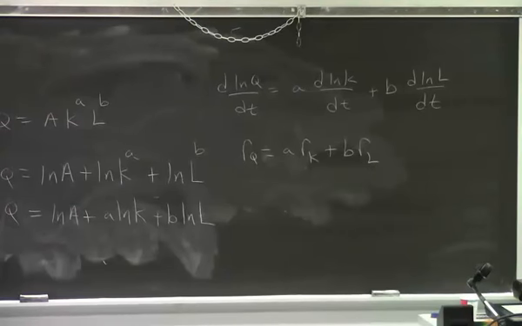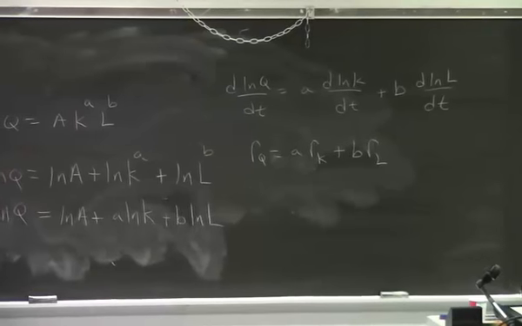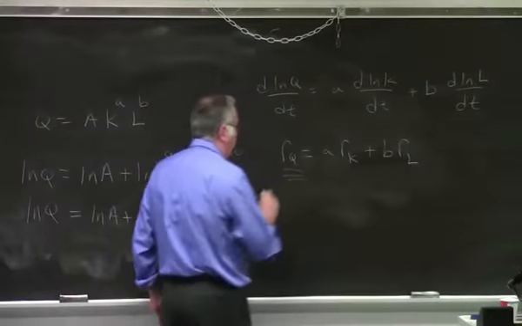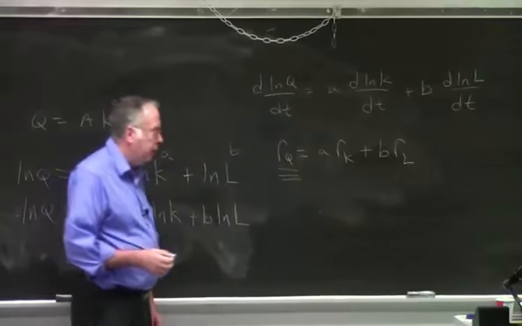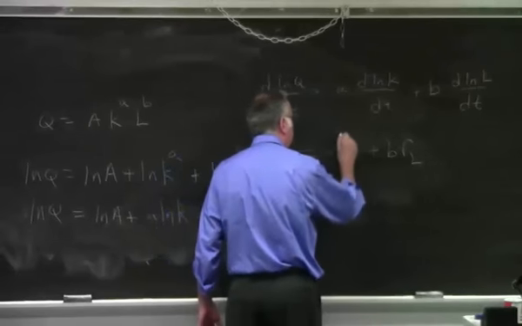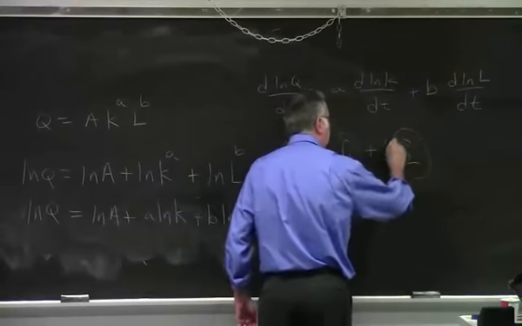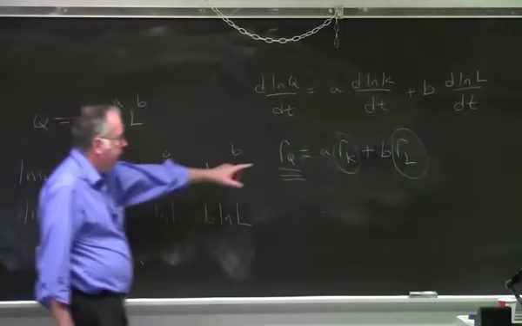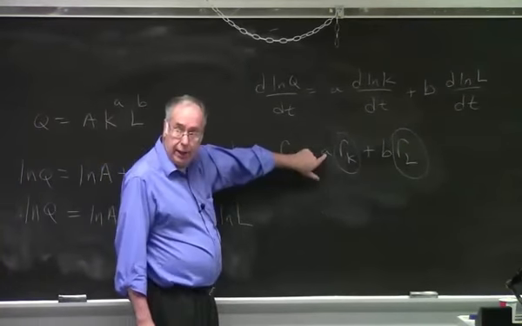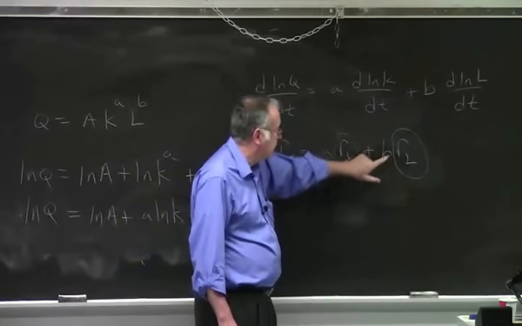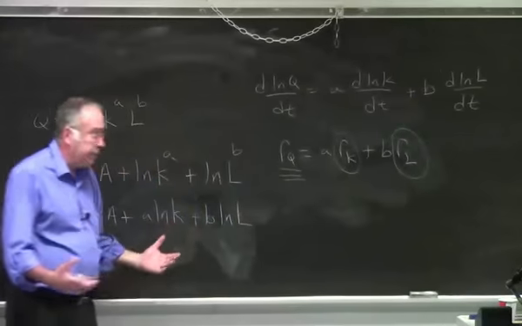What explains this growth rate in output? Well, based on this simple model, the growth rate in output is just going to be a function of the growth rate in capital and the growth rate in labor. And you have to multiply the growth rate in capital by this estimated parameter a. You multiply the growth rate in labor times this parameter b, and out pops your growth rate in output.